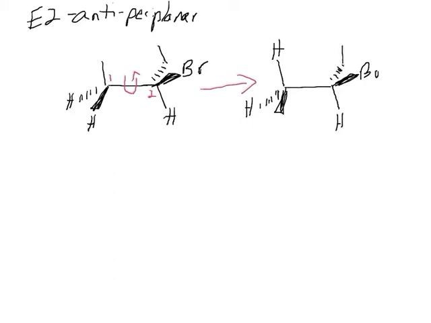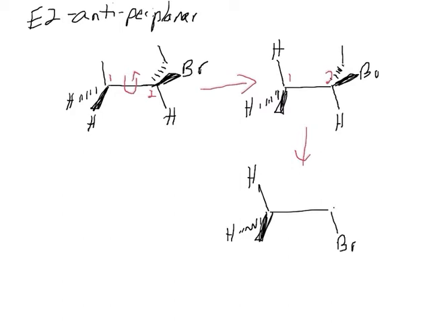So I'm going to rotate again. This time I'm going to rotate carbon 2 to get the Br to be in the plane. So I get the Br in the plane. Br would be here.